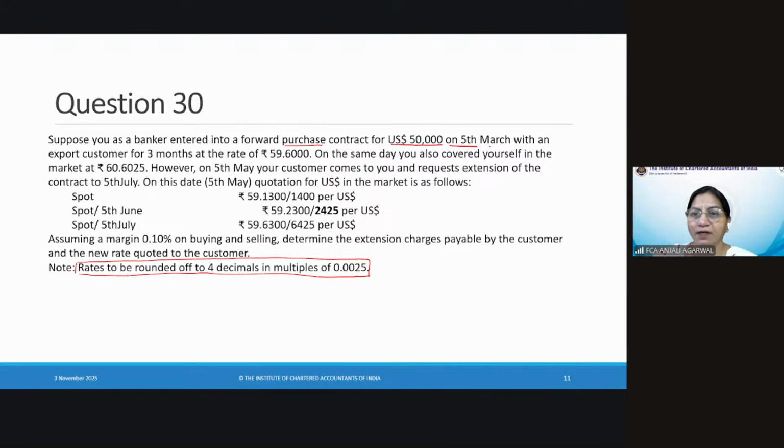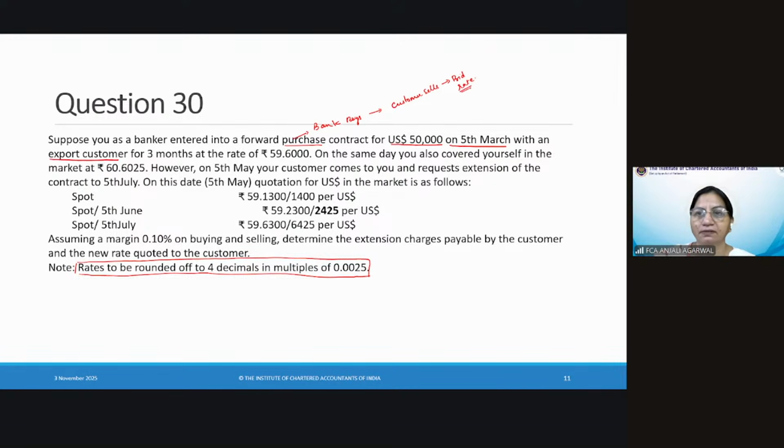On 5th March with an export customer. So when we said you as a banker entered into a forward purchase, bank buys. So when bank buys, automatically customer sells, which also means bid rate applicable.